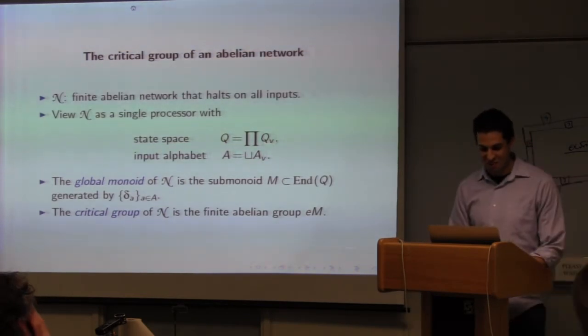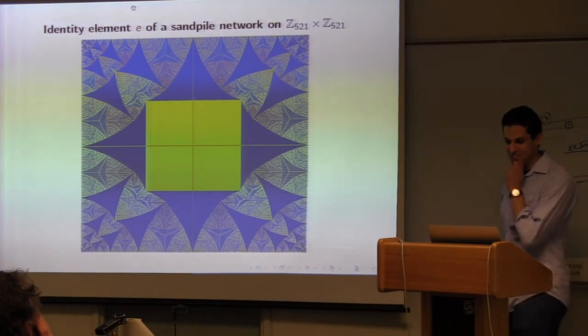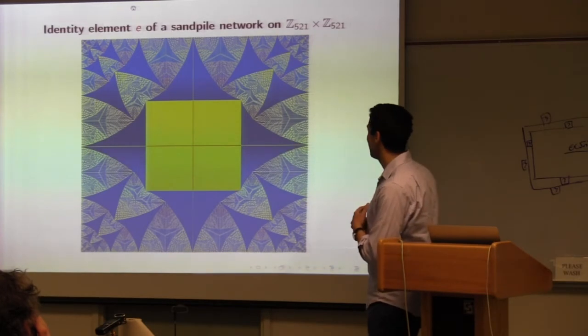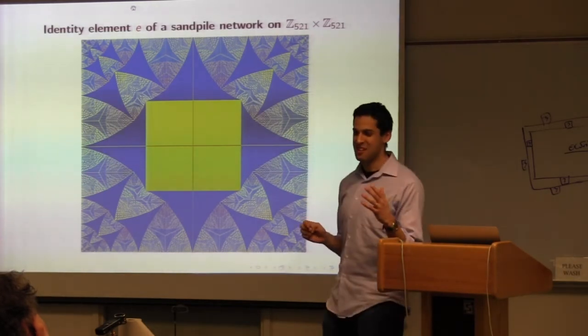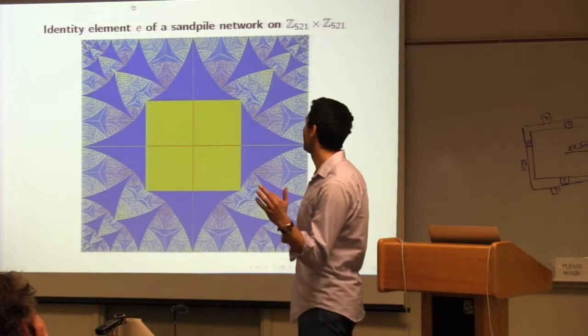Okay, now that's a very abstract definition. So concretely, it gives you something very interesting. Unlike most groups that you meet in nature, this group actually has a very non-trivial identity element.